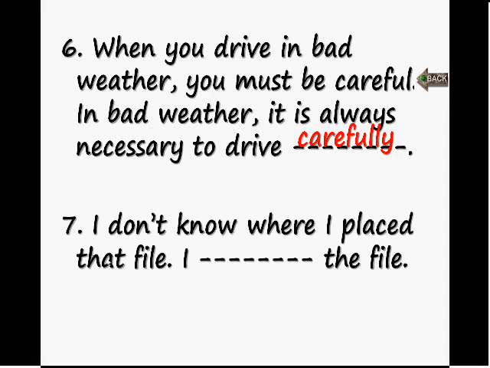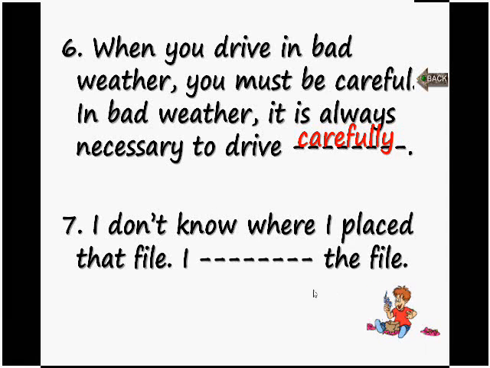Number 7, I don't know where I placed that file. The file. So of course here in this sentence, I don't know where, I just put it in a place, but I don't know where. It's like I changed its place, and I don't know where it is, as this illustration shows that this person is looking for something, okay? So what do you think we are going to look at here?